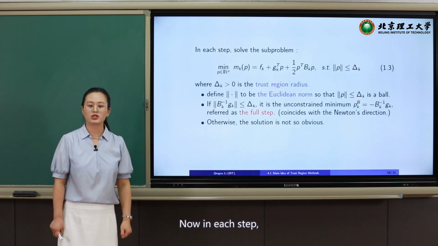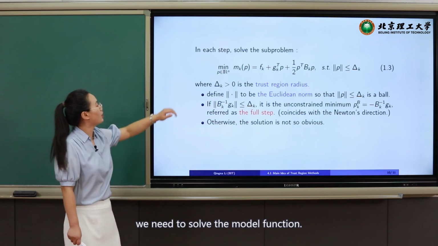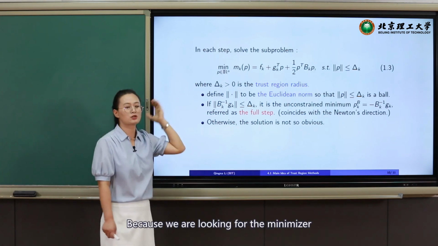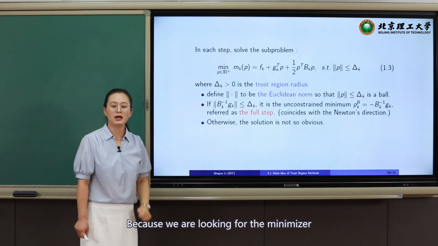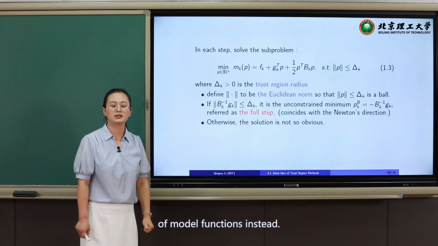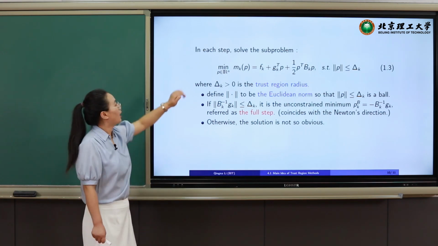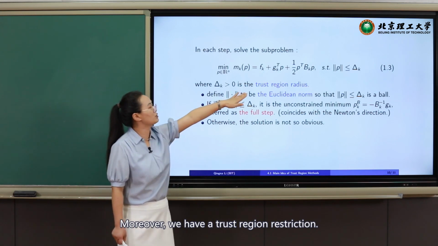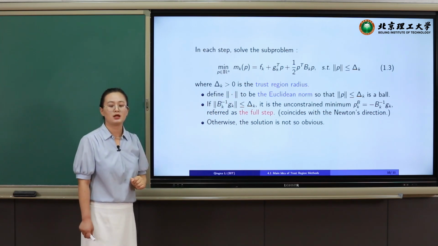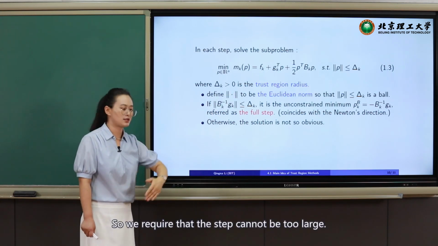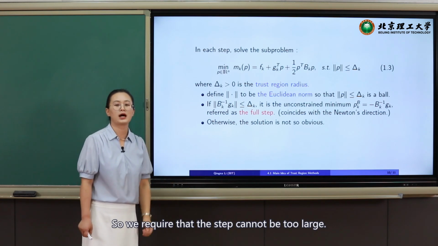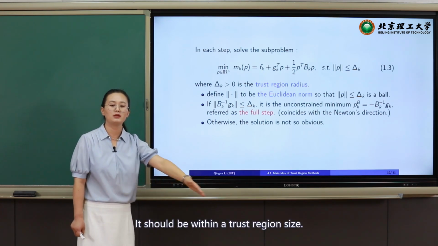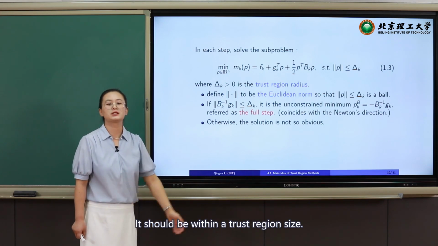Now, in each step, we need to solve the model function because we are looking for the minimizer of the model function instead. Moreover, we have a trust region restriction. So we require that the step cannot be too large. It should be within the trust region size.